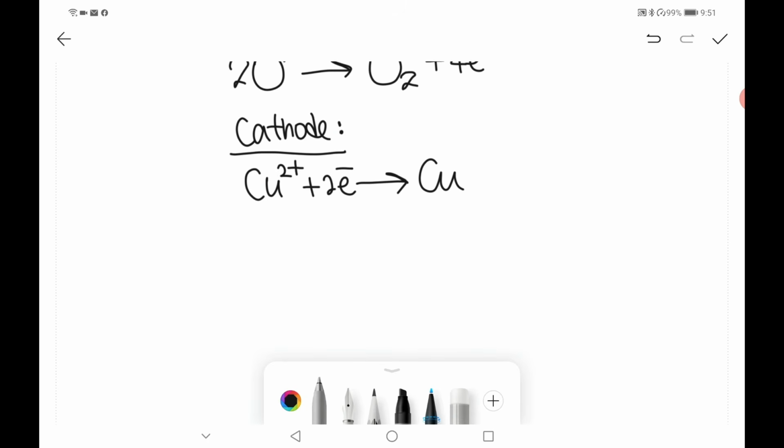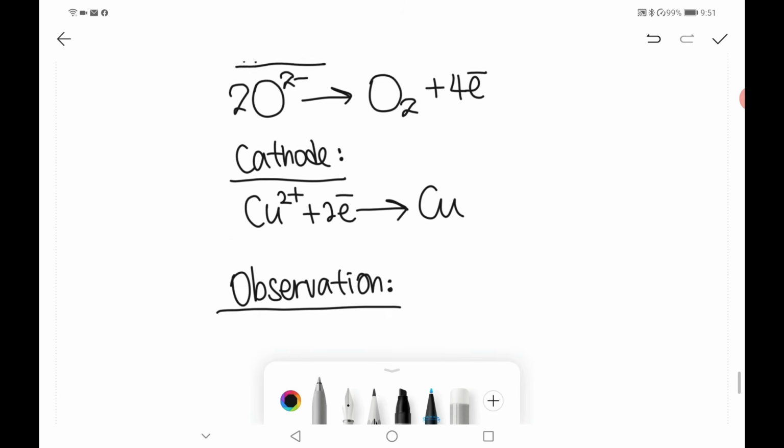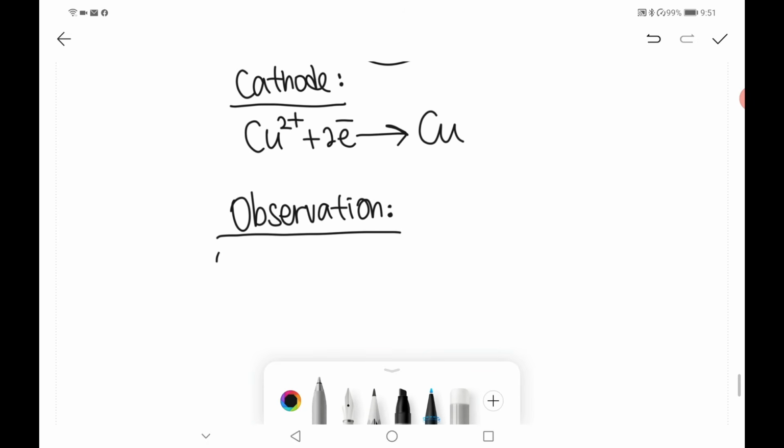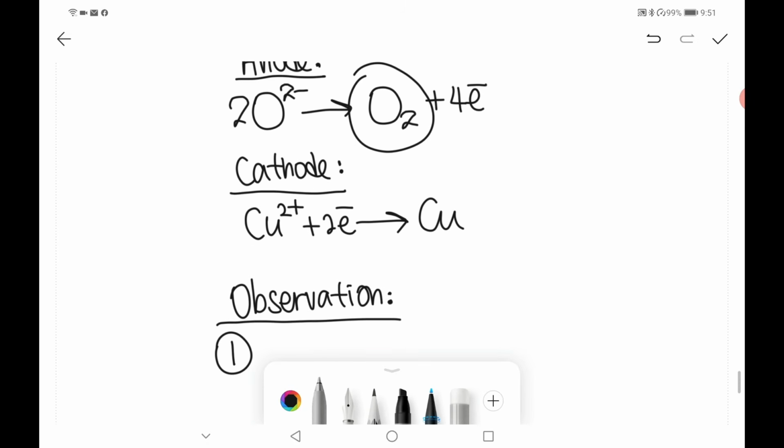So now we can use the half equation to predict our observation. Let's refer to the first half equation. Our product is O2, which is oxygen. So what can we see for oxygen?